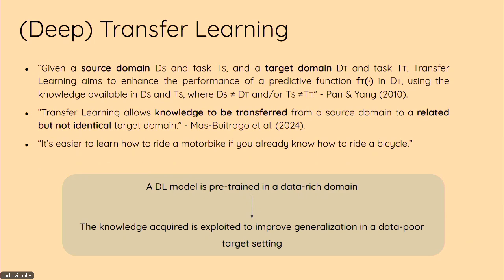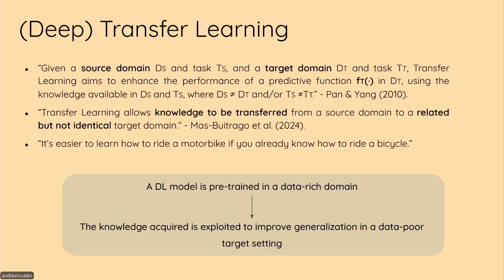Here you have several definitions of deep transfer learning in this slide. But basically in transfer learning, we always have a source domain and a source task, and a target domain and target task. And the idea is that transfer learning enables us to enhance the performance of a predictive function in our target domain using the knowledge available in the source domain.